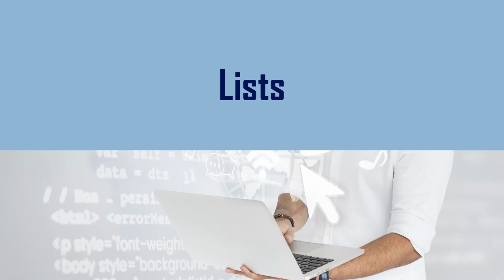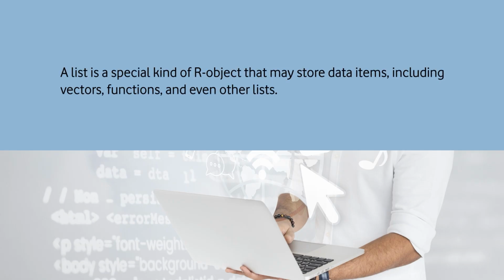Similarly, we have another data structure, that is list. Lists are very frequently used in other programming languages like Python, so this is a widely used data structure, very similar to what we use in Python.